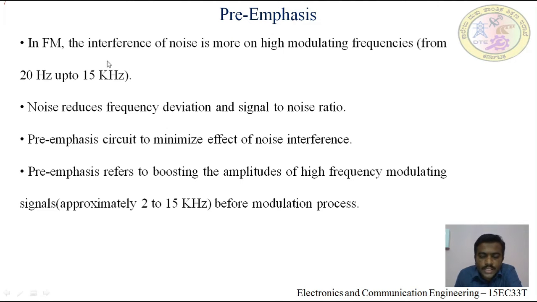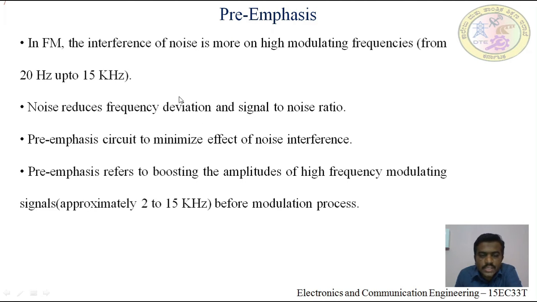If a noisy modulating signal is used for performing the frequency modulation, then the frequency deviation observed in the generated FM wave will be very less, and also the signal to noise ratio is very less in a noisy modulating signal which is used for performing the frequency modulation.